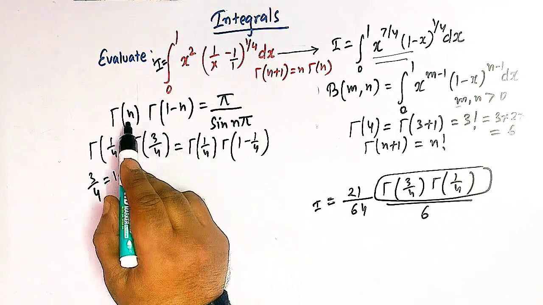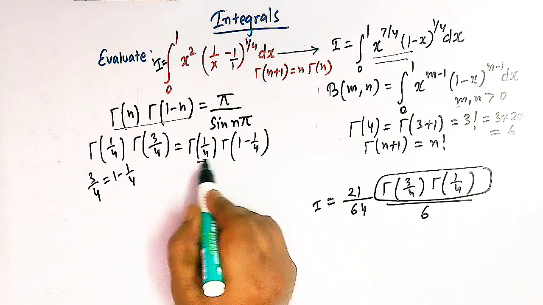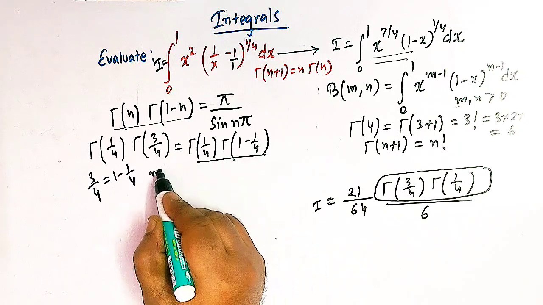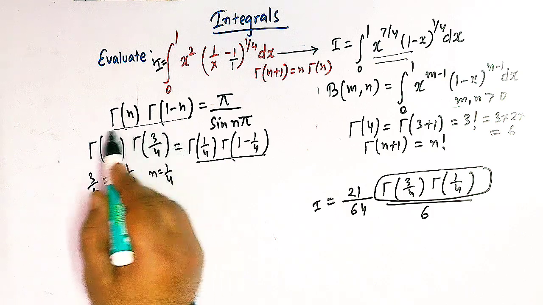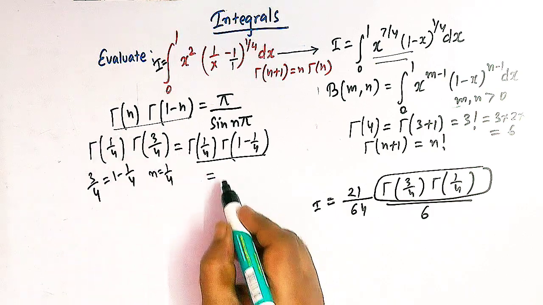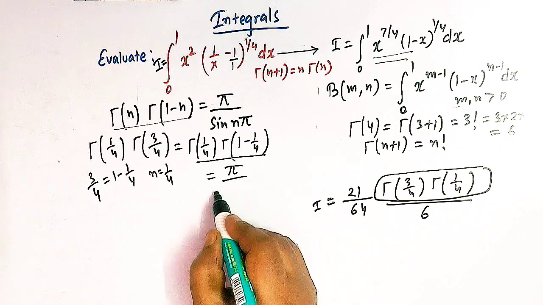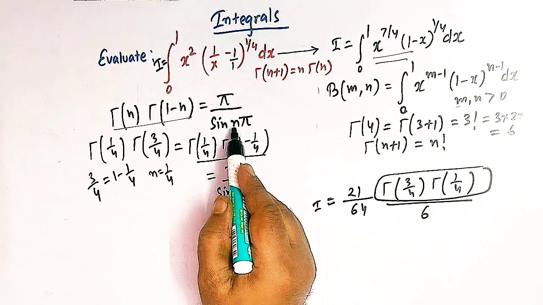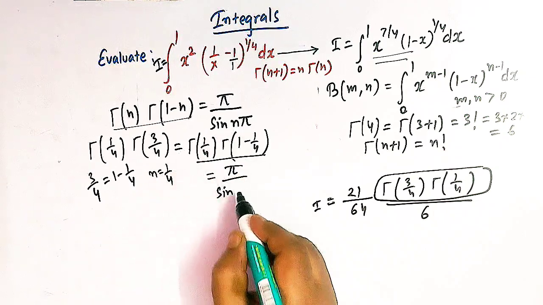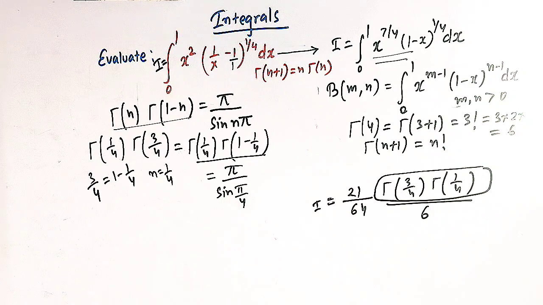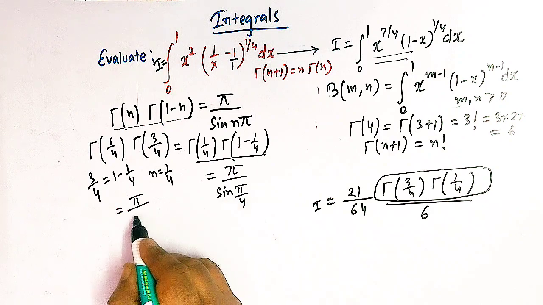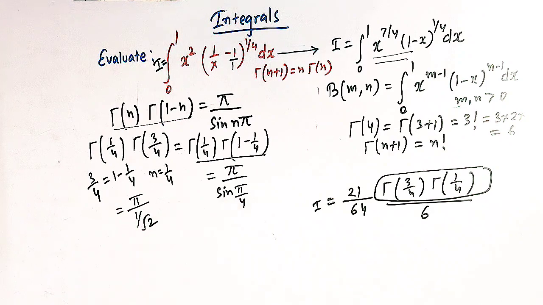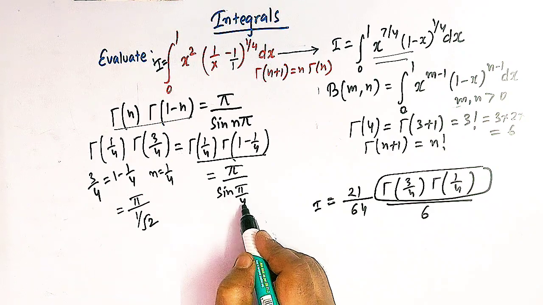So here if we compare this one and this one, then the value of n is equal to 1 by 4, right? So this quantity is equal to pi divided by sine. n can be replaced by 1 by 4, so we have pi by 4, right? And sine pi by 4 is given by 1 over square root of 2, because this is sine 45 degrees.